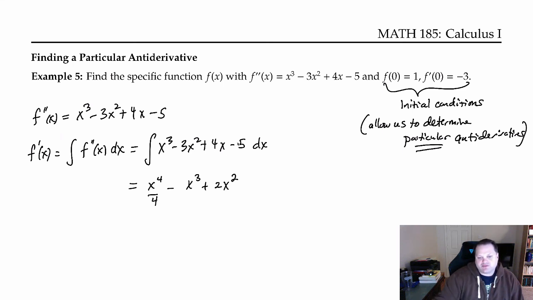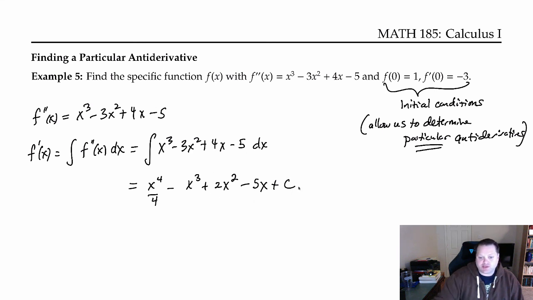And then finally minus 5. Remember, if you take the antiderivative of a constant, it's the constant times x. So the antiderivative of minus 5 is minus 5x plus a constant.